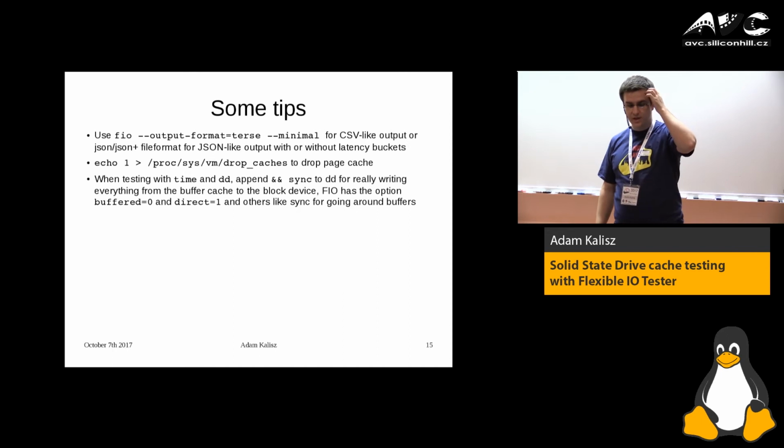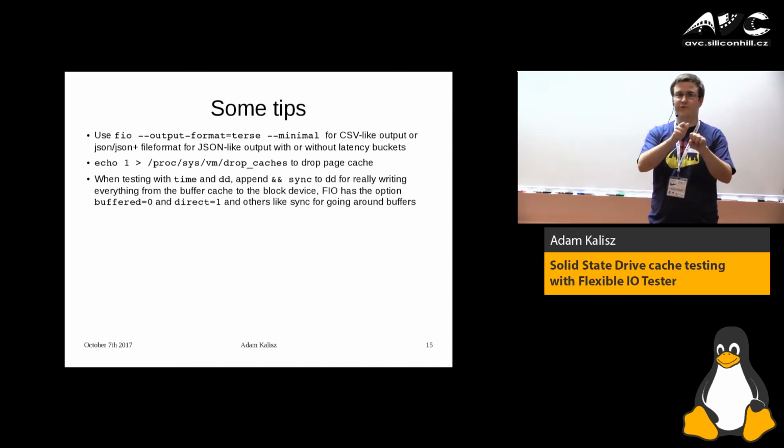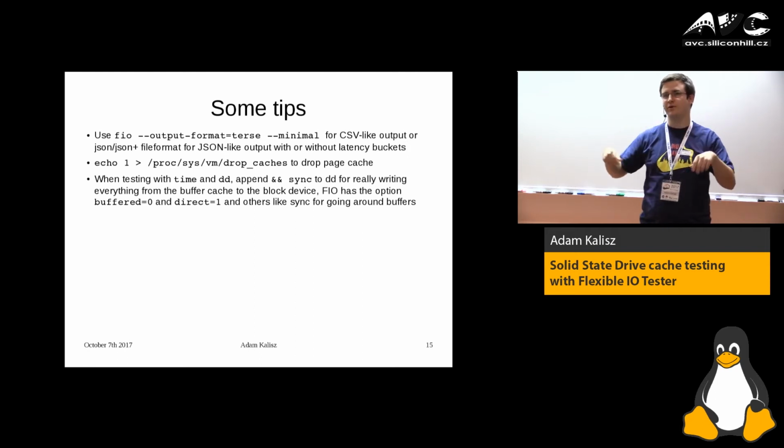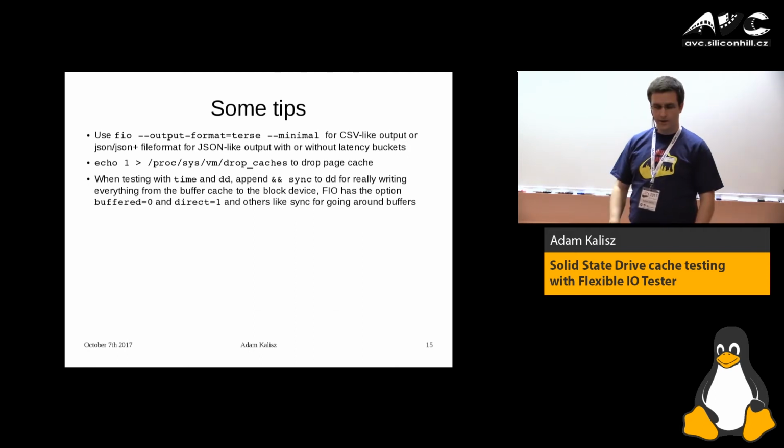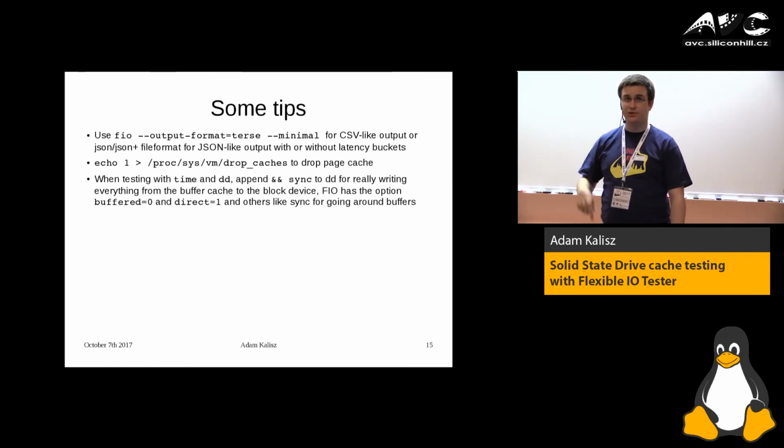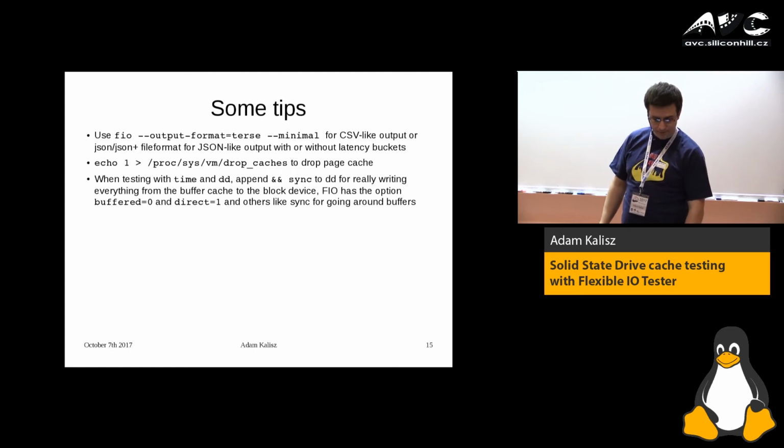The json+ format just provides latency buckets, so to say. So you have more information, but you should be fine with using JSON only. You can parse that much better than the normal output of flexible I/O.